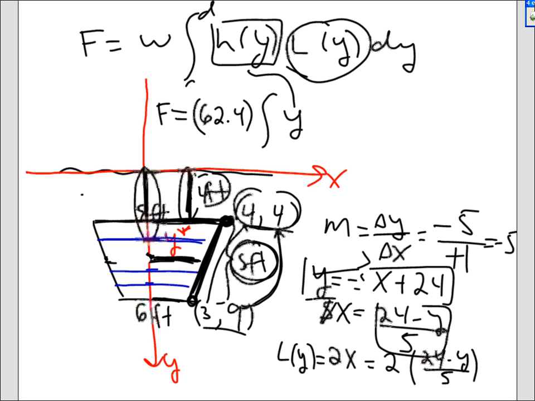L of y is 2 times 24 minus y over 5. I can put the 5 that way. Okay, and what's y going from? Now y is only where this trapezoid is at.